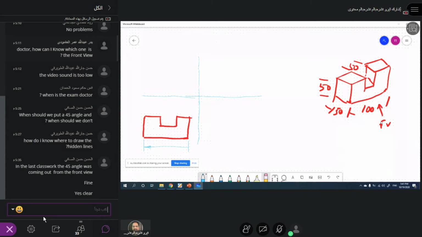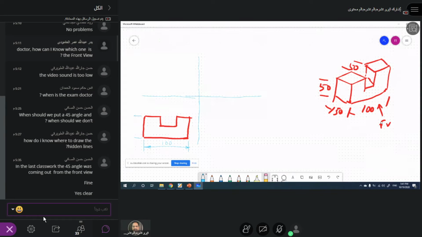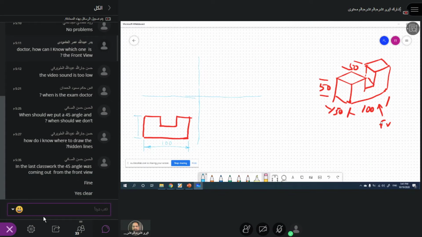And using this method, I'll say this is 100 millimeters, and then this height should be 50. So I draw it here, and I will write.